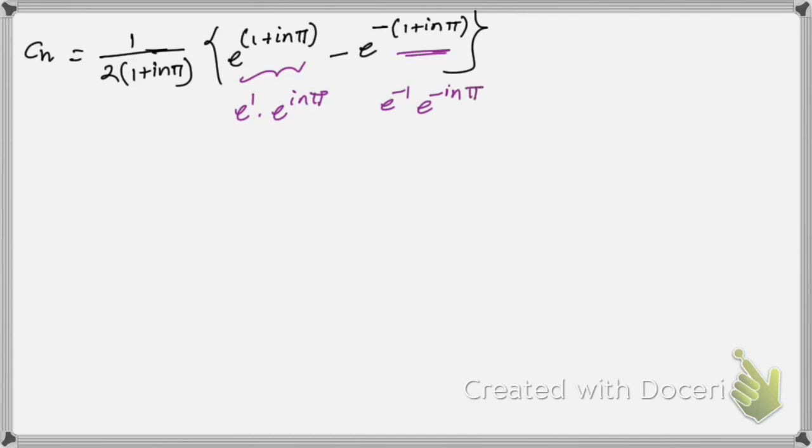Here you must remember two identities: e to the power ix is equal to cos x plus i sin x, and e to the power minus ix is equal to cos x minus i sin x.